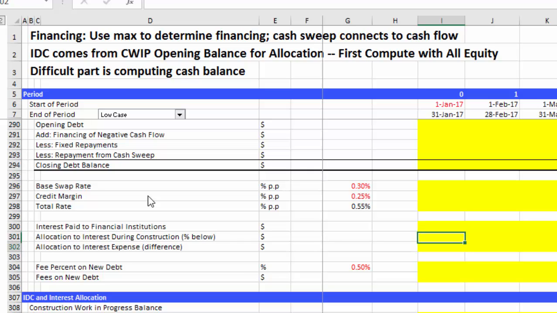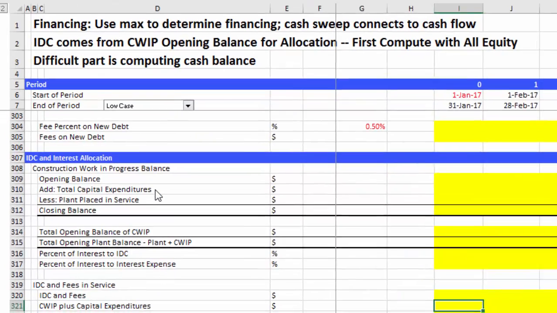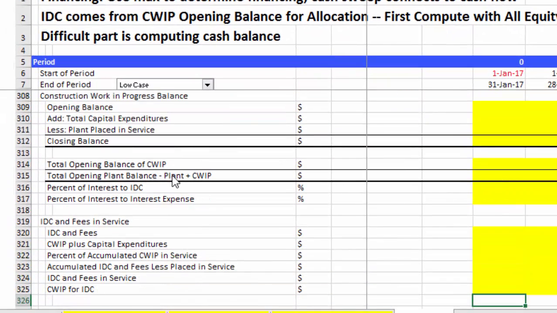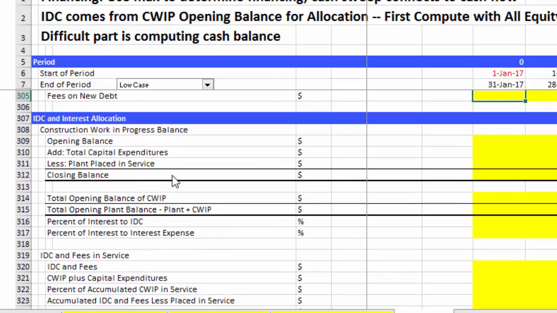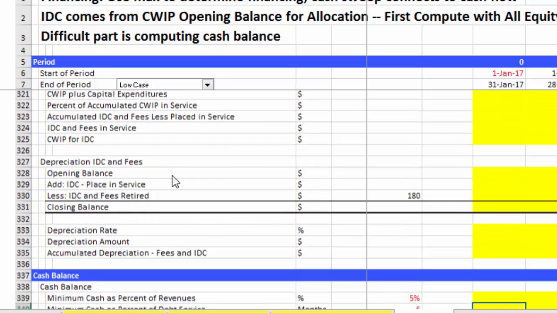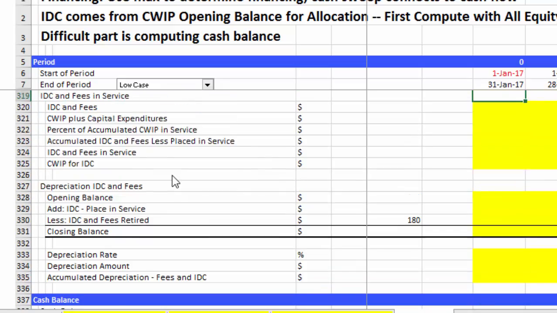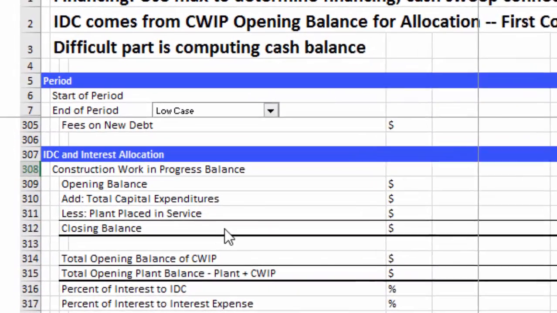Now, if it's interest during construction, it's got to be depreciated. If it has to be depreciated, you have to figure out, if you've got multiple projects going on, how much of the interest you're paying to the banks is going to be allocated from an accounting standpoint to interest during construction and fees. And the way to do that is to set up a construction work in progress account for the interest during construction.